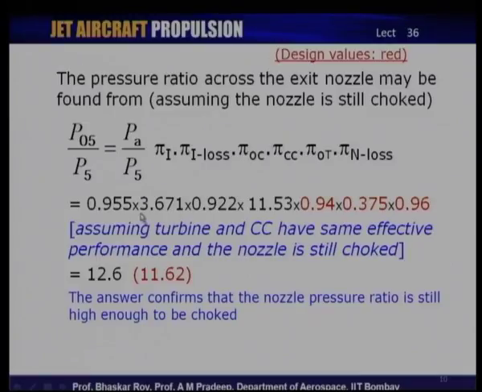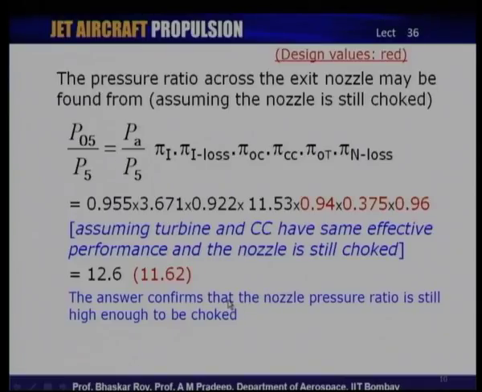If we now put together all the parameters and their numerical values, holding on to the design values related to the turbine, nozzle and combustion chamber, we see that the pressure ratio across the nozzle is now 12.6, in contrast to the pressure ratio available at the design point, which is 11.62. It tells us that the nozzle pressure ratio is still very high for it to remain choked.